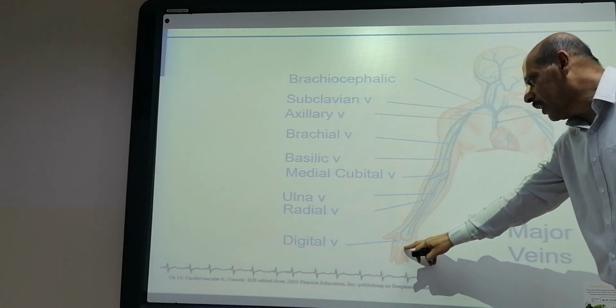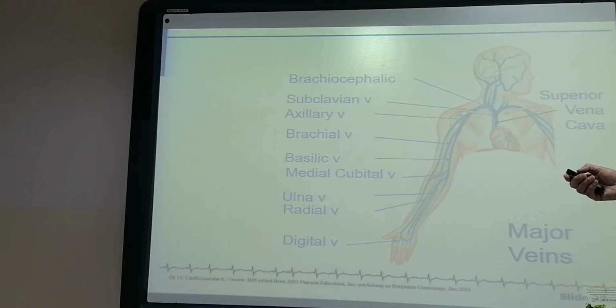So from the digital vein to the ulnar and radial veins, to the median cubital vein, the basilic vein and brachial vein, all of those will drain to the axillary vein, then the subclavian vein, then the brachiocephalic vein, which joins the superior vena cava to return the blood to the right side of the heart.